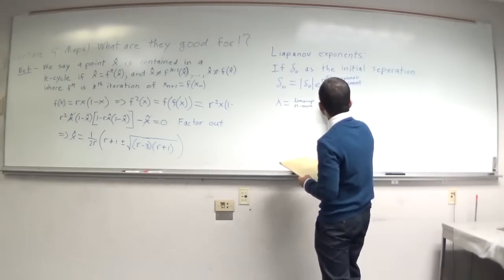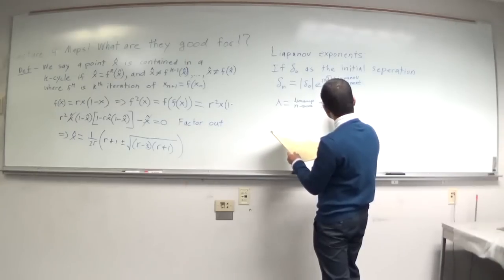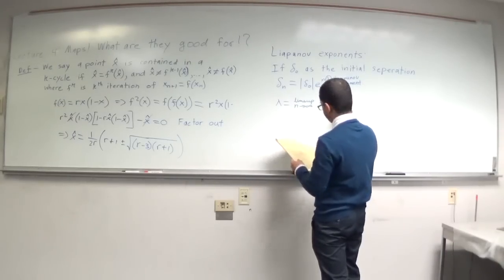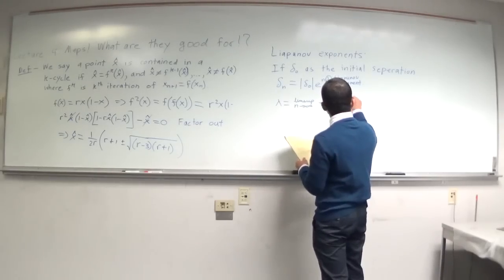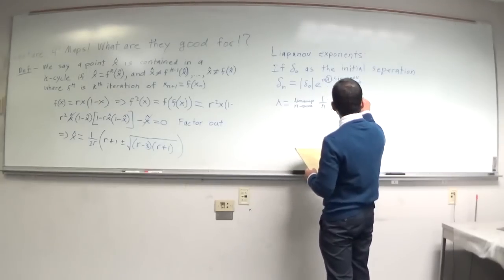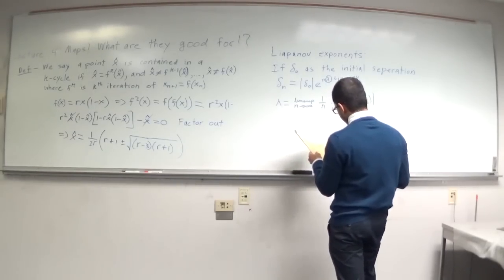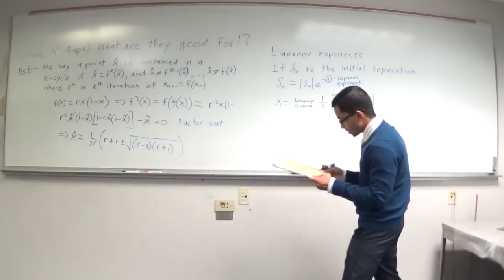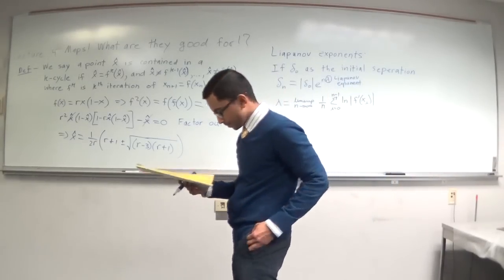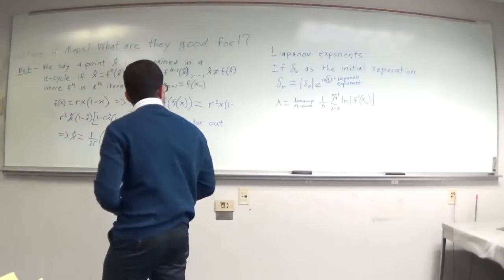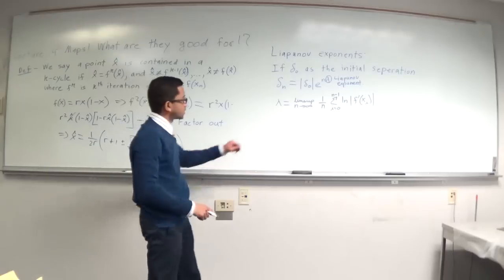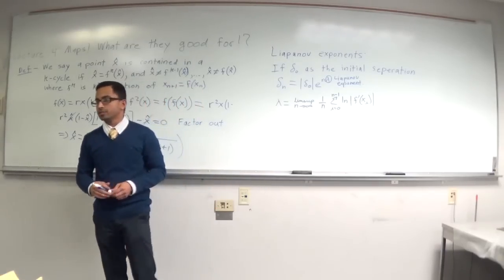So the lim sup of 1 over n times the sum from i equals 0 to n minus 1 of ln of f prime of x_i. The derivation of this is on page 366. I have this in the PDF notes as well.